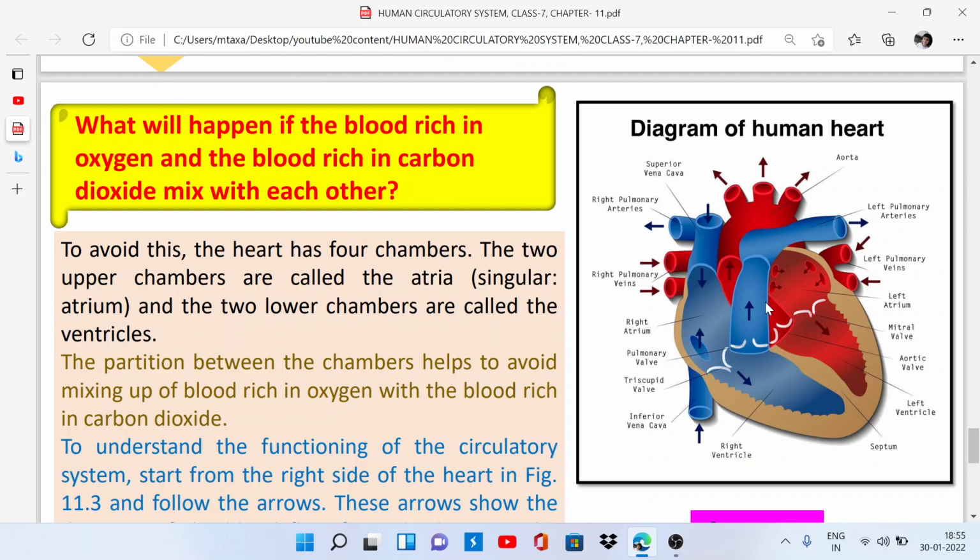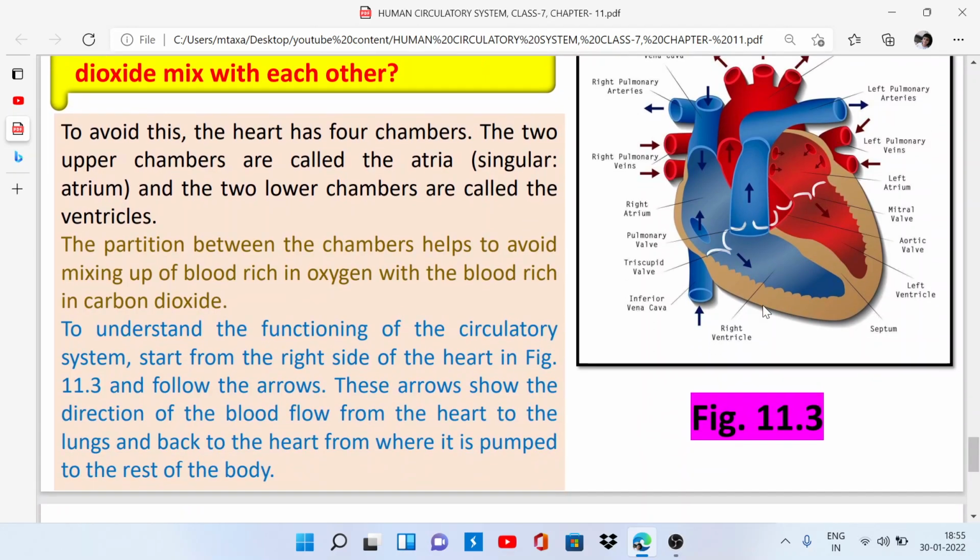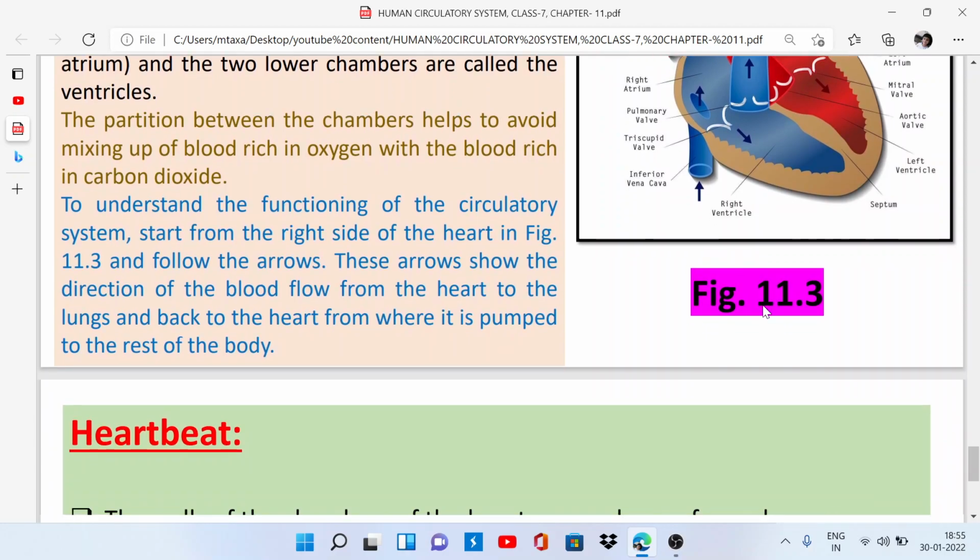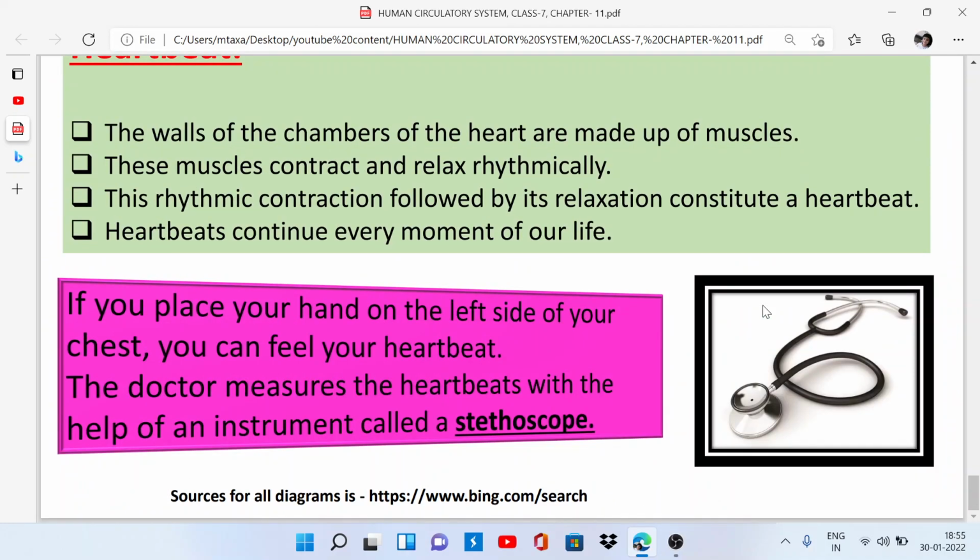So here we can see there are continuous rhythmic contractions and relaxations of these heart chambers, or we can say muscles, because this heart is made up of cardiac muscles. So these continuous contractions and relaxations constitute a heartbeat.